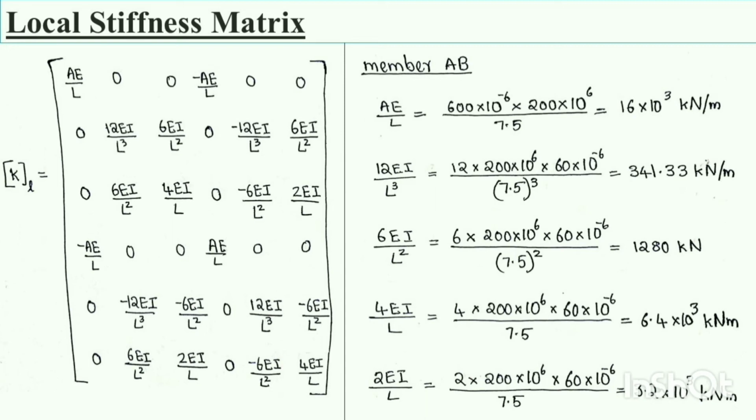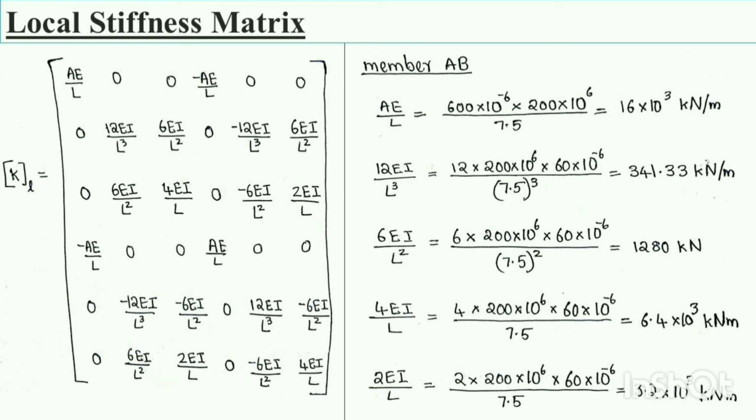Next, 6EI by L square is equal to 1280 kilonewton. Next, 4EI by L is equal to 4 into 200 into 10 raised to 6 into 60 into 10 raised to minus 6 divided by 7.5, which is equal to 6.4 into 10 raised to 3 kilonewton meter.